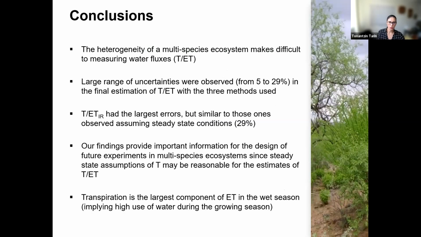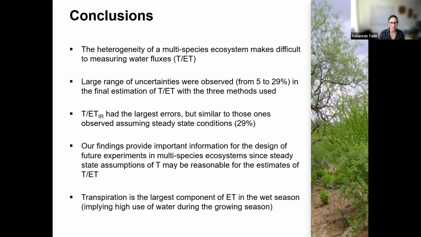So some of the conclusions of these studies, or some of the things that we have been learning, is that it gets very difficult when we have multi-species ecosystems dominating the ecosystem. And so we have different problems when we want to estimate the delta T value. And we observe large uncertainties with these values.